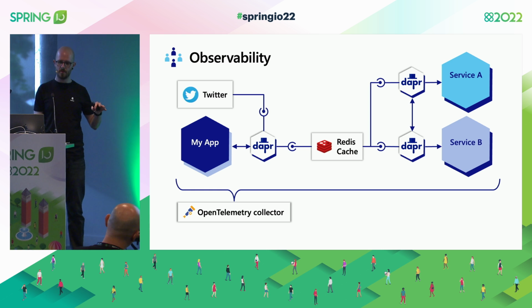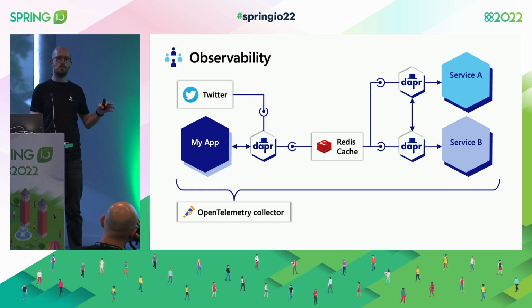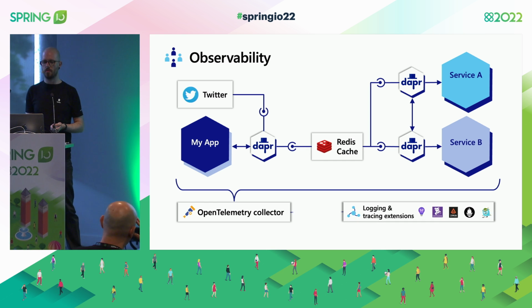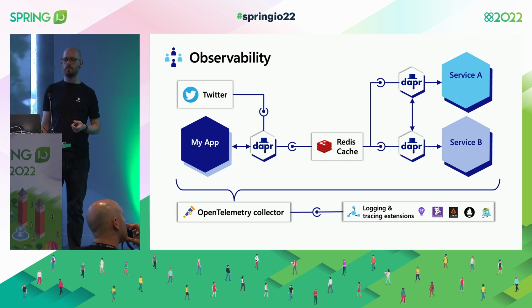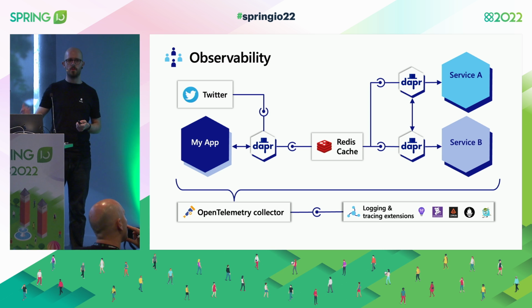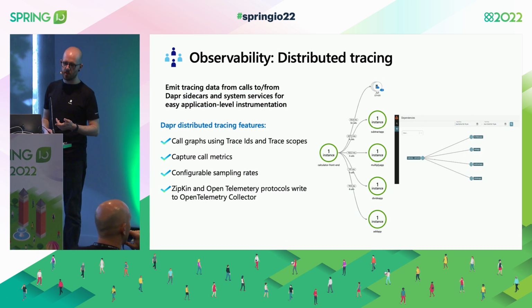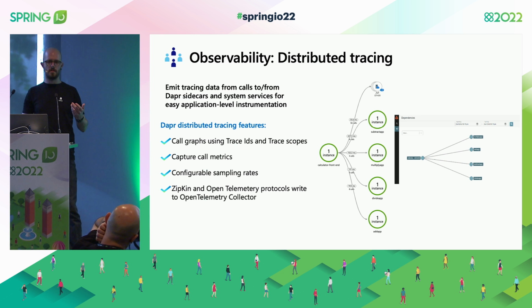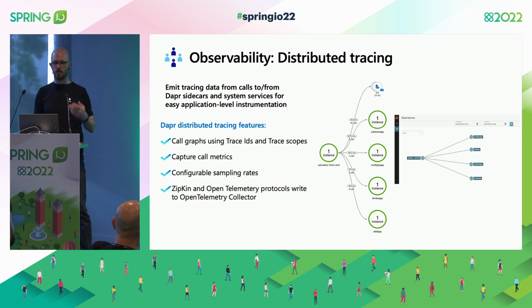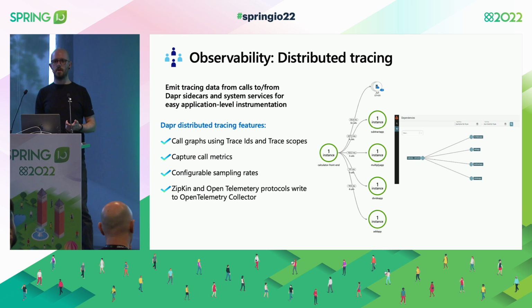And in this Dapr setup, you have already included the OpenTelemetry Collector, which you then can utilize with different logging or tracing capabilities to finally do something like distributed tracing, right? And I will show you this in the demo in a second. This is implicitly working. You can configure all those things, of course, but the basics are there.